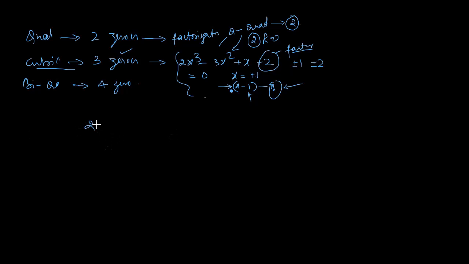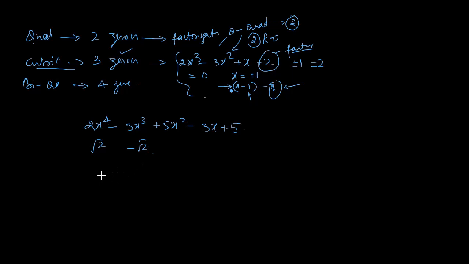So let's say 2x to the power 4 minus 3x cube plus 5x square minus 3x plus 5. For this biquadratic equation, let's say they had given 2 zeros already, which are root 2 and minus root 2. 2 zeros.